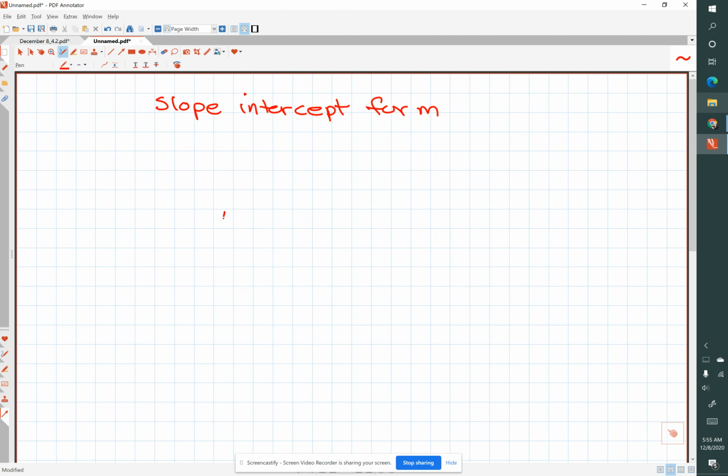So we have this y equals mx plus b. Okay, and what we're really saying here is the value of the function at y is equal to the slope of the equation.